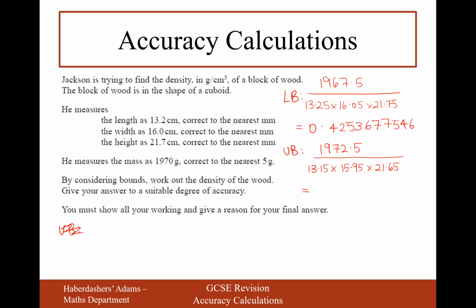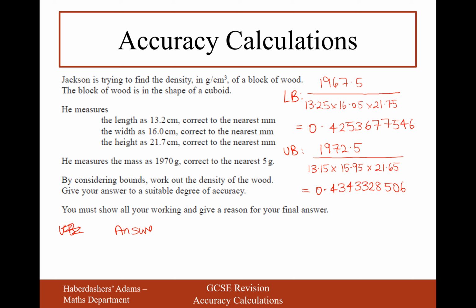So fraction button, 1972.5 divided by 13.15 times 15.95 times 21.65 equals 0.4343328506.